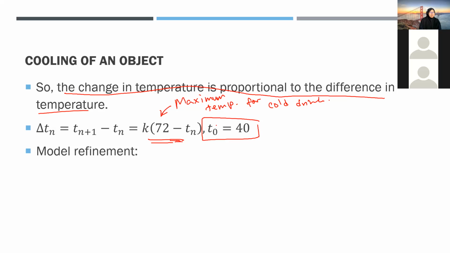Cooling of an object. For example, you can also say if we put ice or something like this, and then see the behavior and so on.